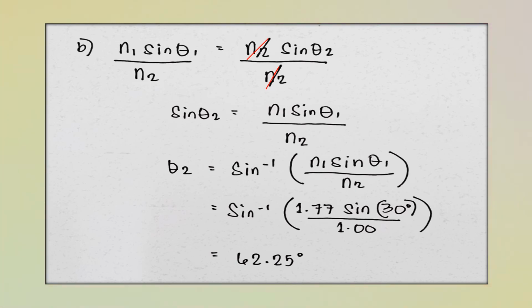So our refracted angle is equal to 62.25 degrees. Okay, I repeat, our critical angle is equal to 34.40 degrees and our refracted angle is equal to 62.25 degrees.